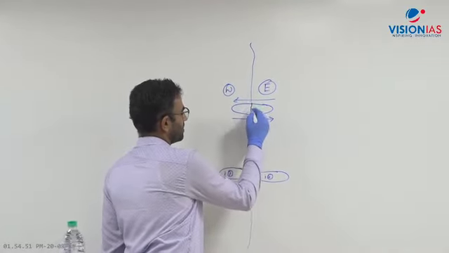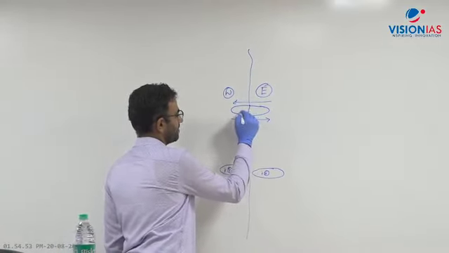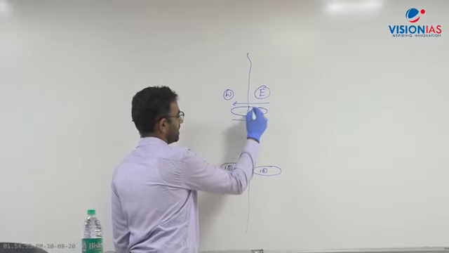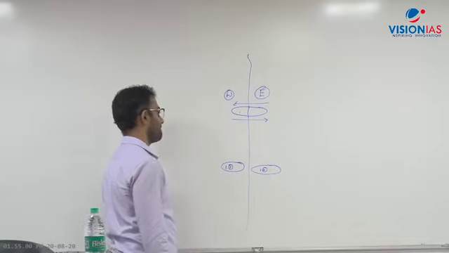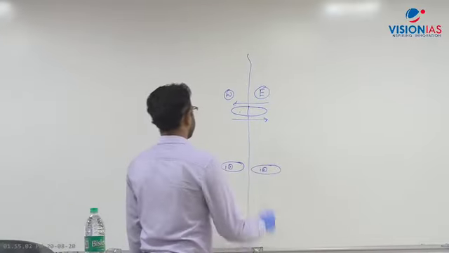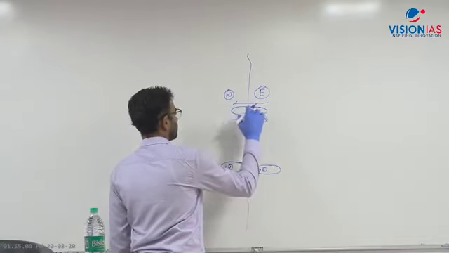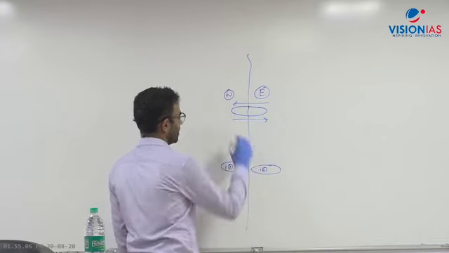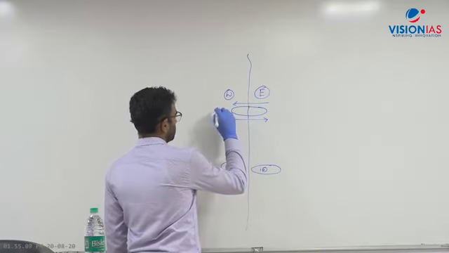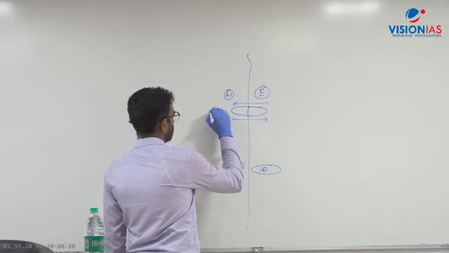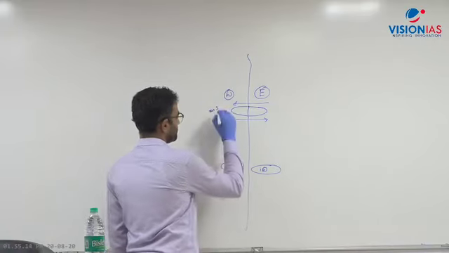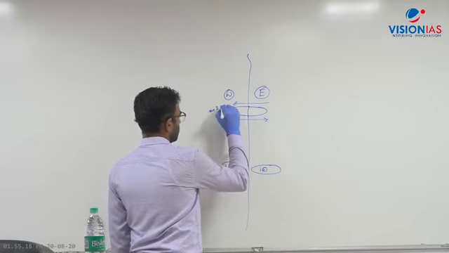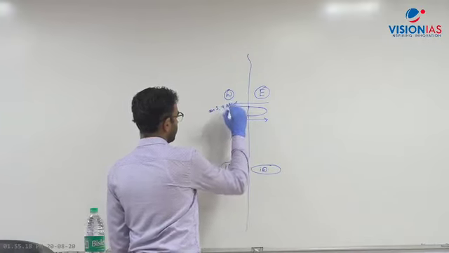Whatever the areas on this side of the island, they would have the next day, and on this side of the island they will have the previous day. Right? So here it is Jan 1st morning 7 a.m.